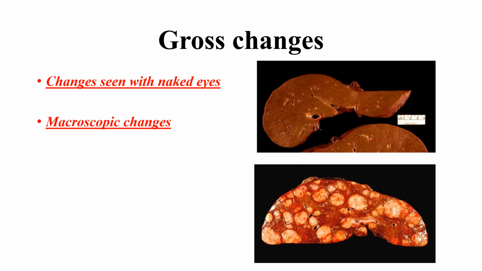What difference is seen between these two images? Yes, in the second image you are seeing multiple grey brown to grey yellow areas. These are your cancer nodules that you are seeing directly with your naked eyes, or macroscopically, in this liver. So the changes in any organ which you see with your naked eyes are known as macroscopic changes or gross changes.